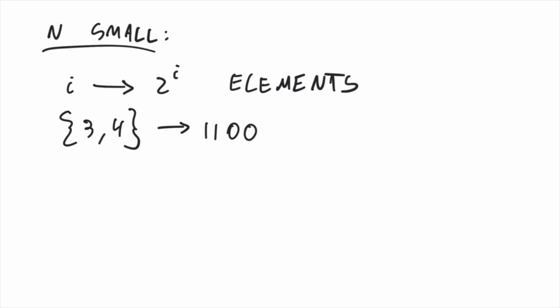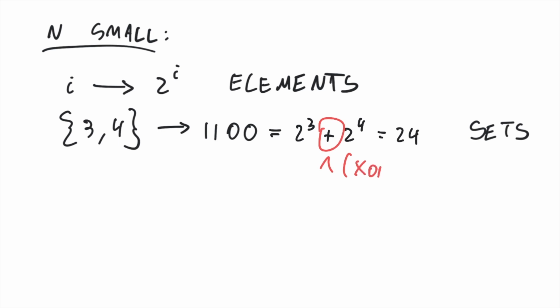So this set would be 1, 1, 0, 0, which is 2 to the 3 plus 2 to the 4, that is 8 plus 16, 24. So this is the representation for sets. In fact, the operation that I'm using here, I'd rather not represent as a plus but as an XOR. Here they are the same because these two numbers don't share any bits, but for what follows, it's going to be better to think of this operation as XOR.